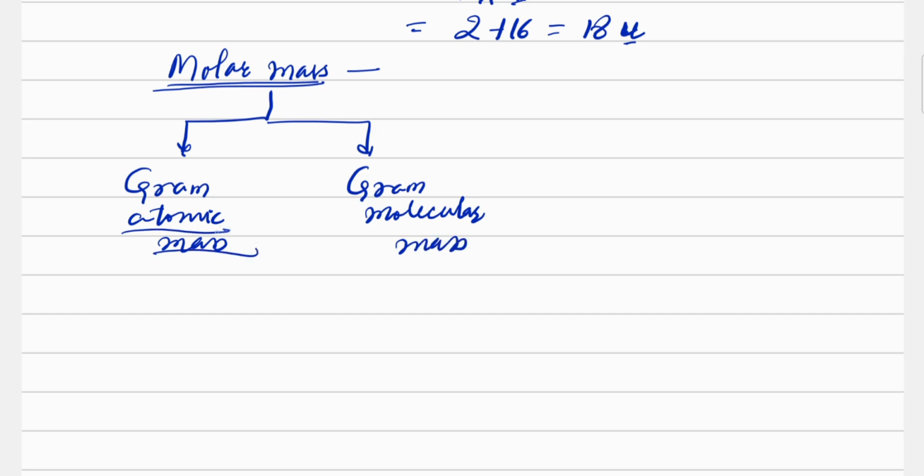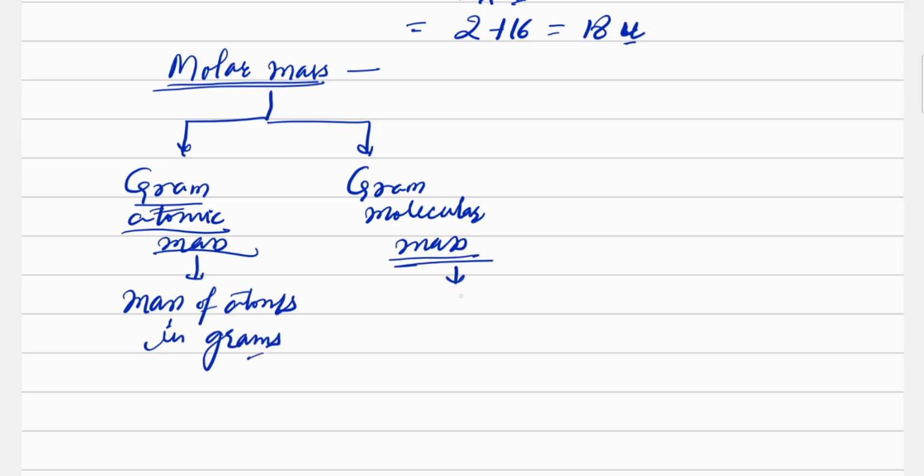Gram atomic mass was the mass of atoms in grams, and gram molecular mass is the mass of molecules in grams.